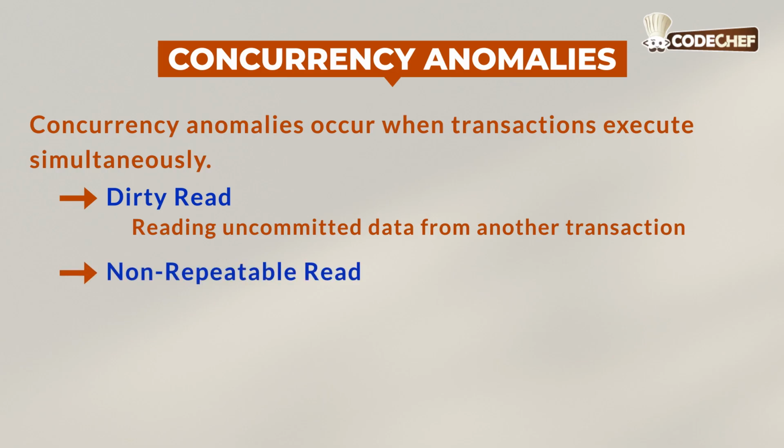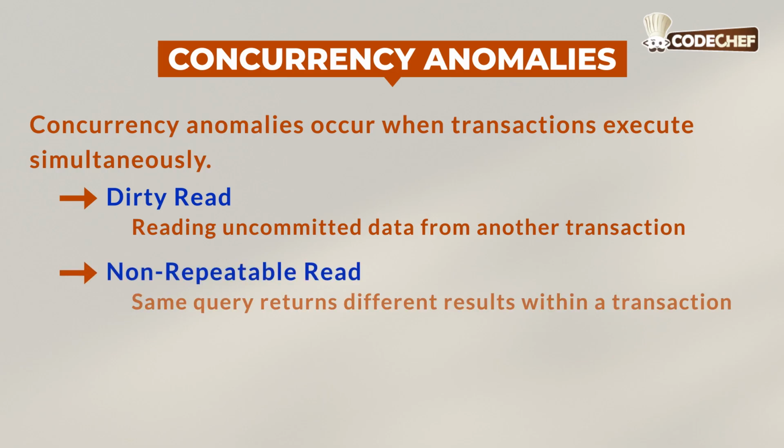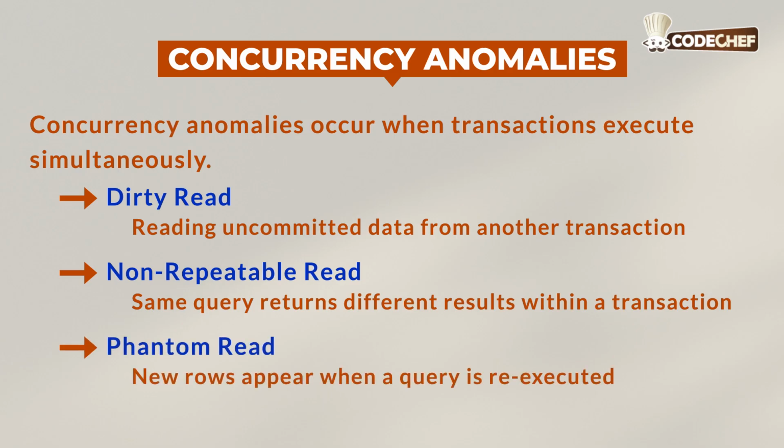Second, non-repeatable read. It means the same query returns different results within a transaction. Phantom read: new rows appear when a query is re-executed. So ideally, whenever we are running the same query on the same set of data, the output should be the same. But in case of the phantom read problem, new rows appear whenever a query is re-executed.